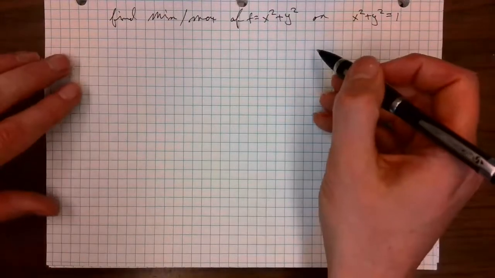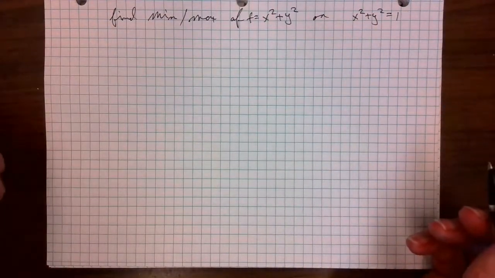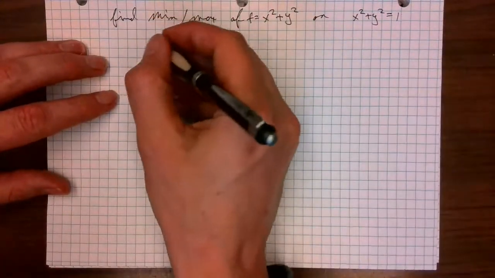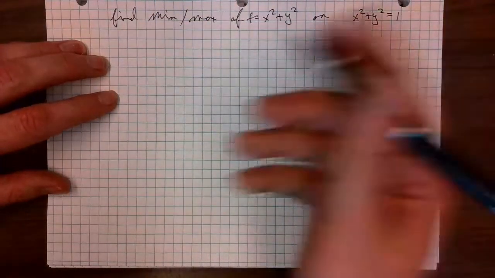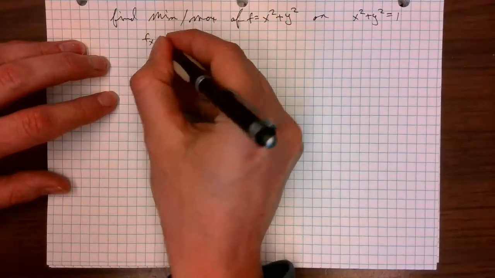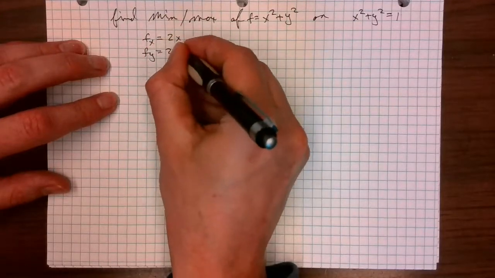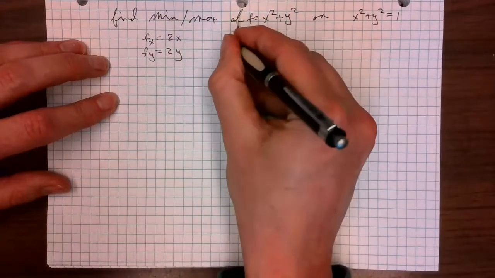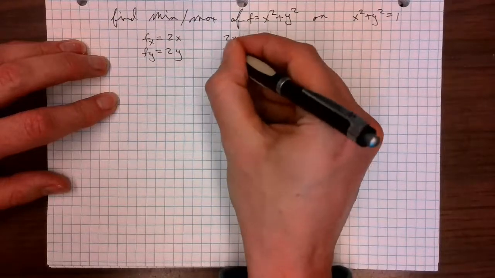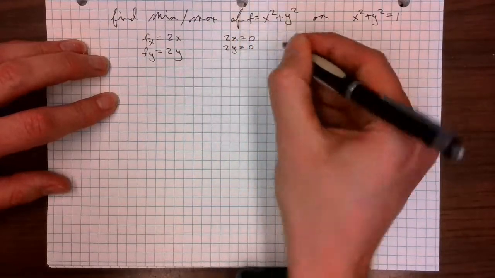Let's find the critical points inside. f sub x is 2x, f sub y is 2y. So 2x equals 0, 2y equals 0.